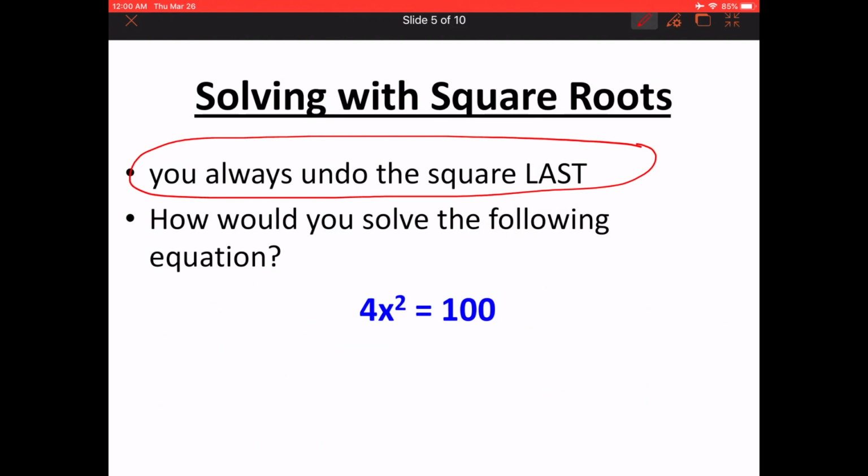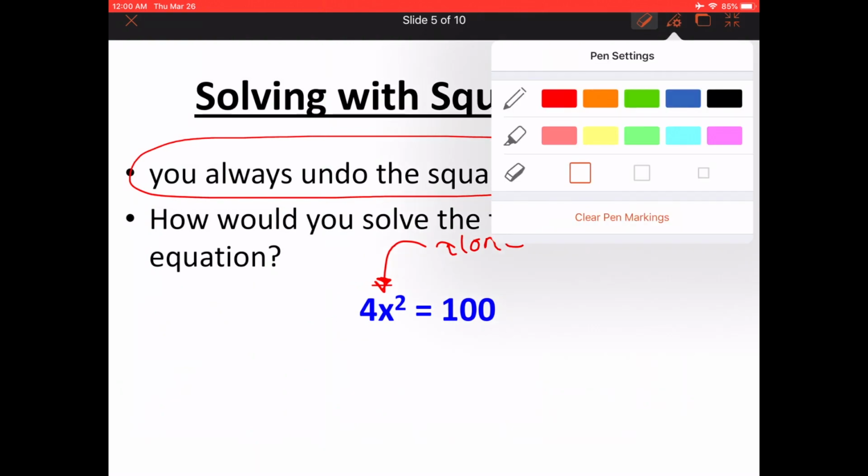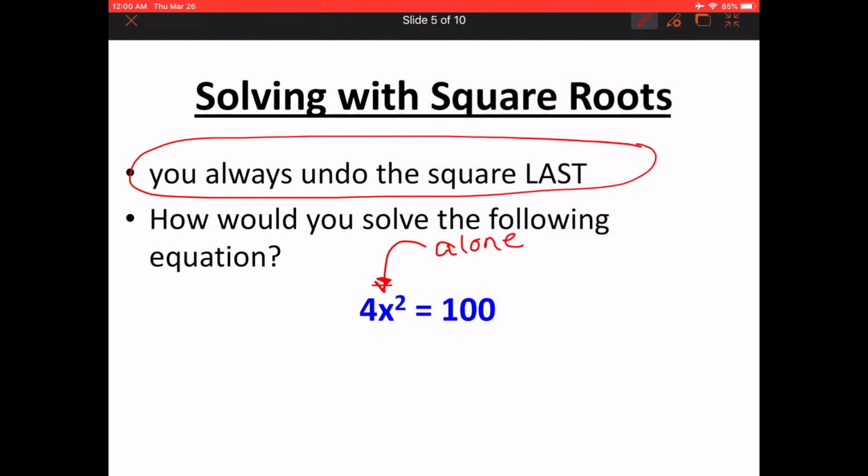So how do we solve the following equation? Remember, the goal in solving any equation is to get the variable alone. So here I have my x, and I want to get it alone. Now, there is nothing on the left side of the equation with the x that I can add or subtract. So I know that I'm not going to be adding or subtracting. But now I see if there's something that I can multiply or divide. So if I have 4x squared, remember the invisible operation here is times.